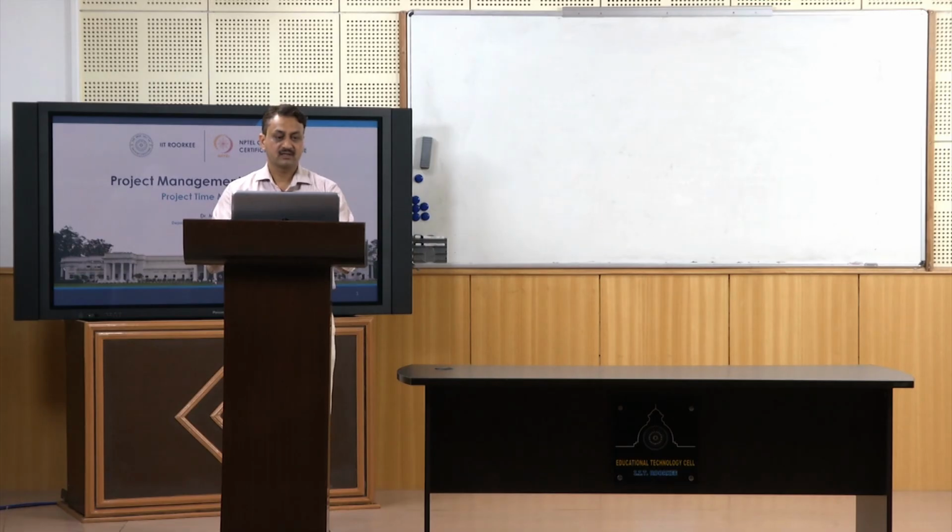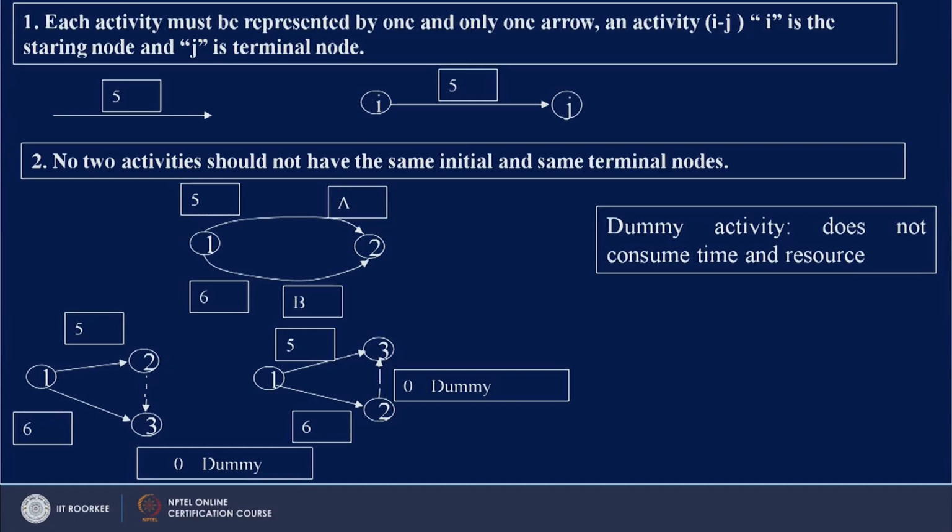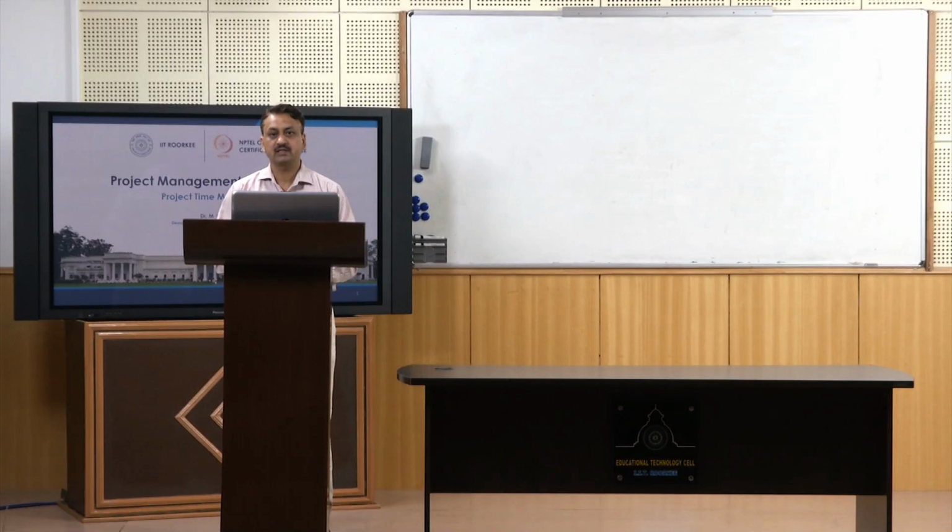Let us look at how to draw a network, because unless you draw your network properly, you can't solve a question. You really can't calculate how much time a project will take. So first of all, each activity must be represented by one and only one arrow.